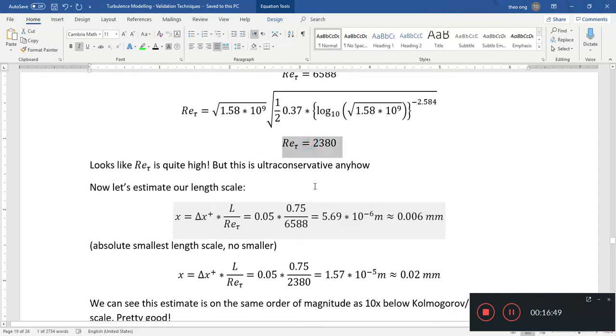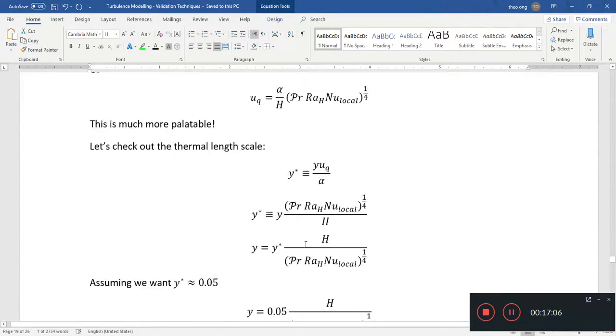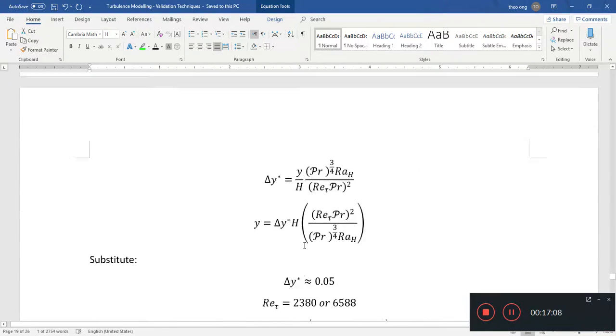If we use that flat plate method, by just substituting the square root of the Grashof number into the flat plate friction factor correlation, we get about the same order of magnitude, which is pretty good. And actually, this is a conservative estimate as compared to the real friction Reynolds number.